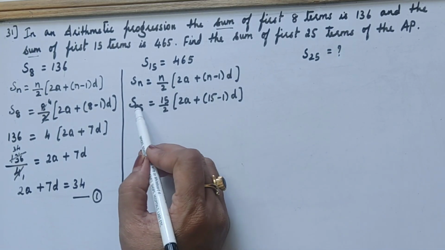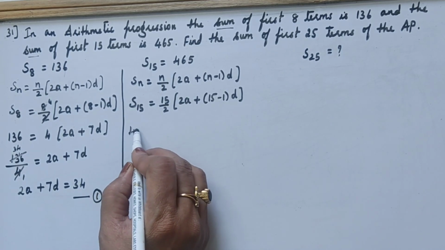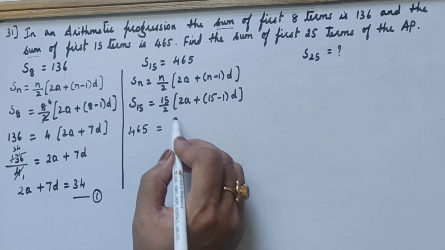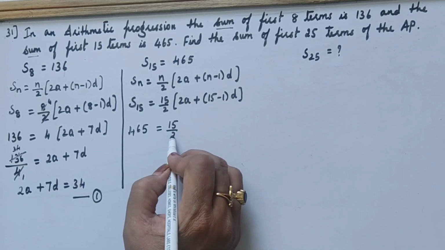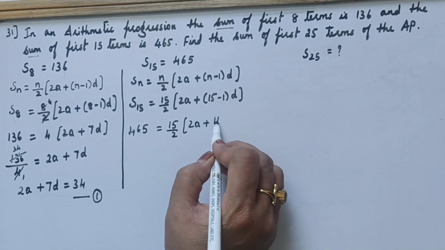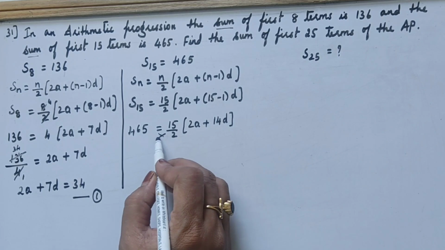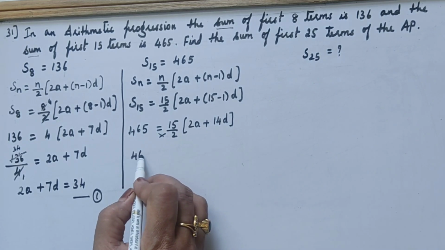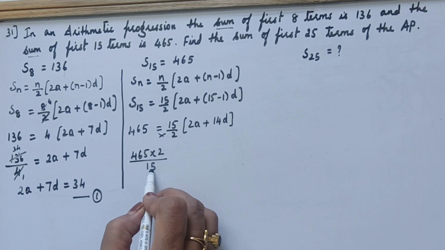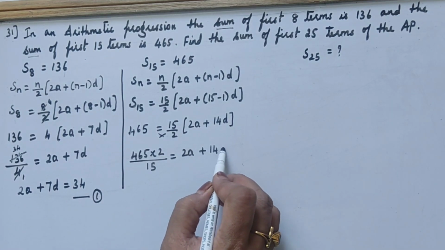The value of S15 is 465 equals, we cannot cancel these both, let us keep that number as it is, 15 upon 2 into 2a plus 14d. Okay, we'll just do cross multiplication. So 465 into 2 upon 15 equals 2a plus 14d.